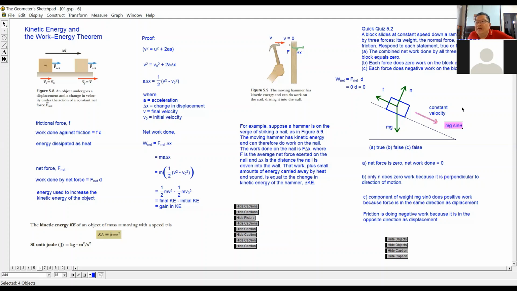So if they say each of them is doing negative work, not true. Only one does negative work, another does positive work, and another does no work. So A is true, B not true, C also not true. Friction is doing negative work because it is in the opposite direction to the displacement.